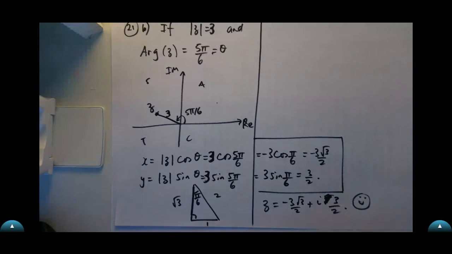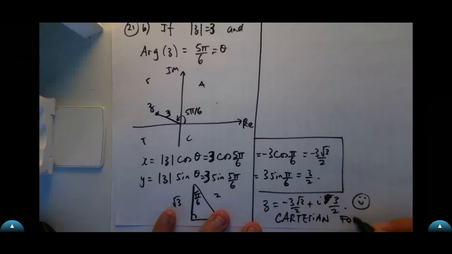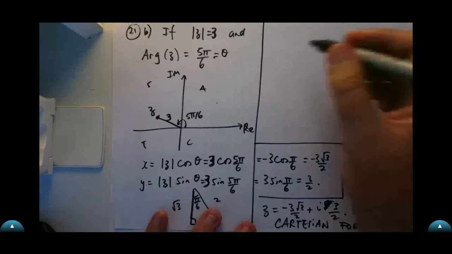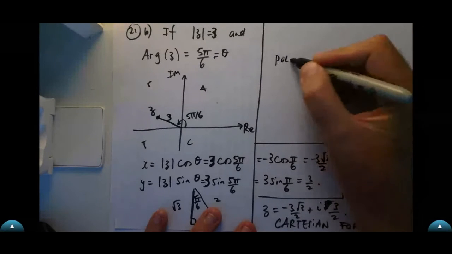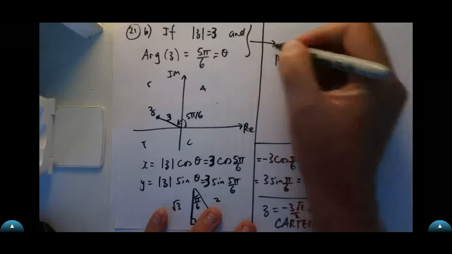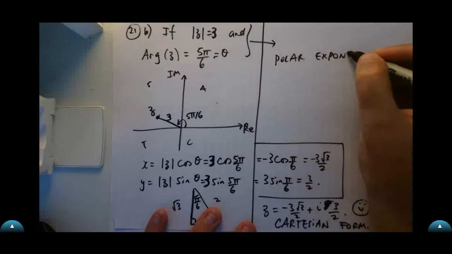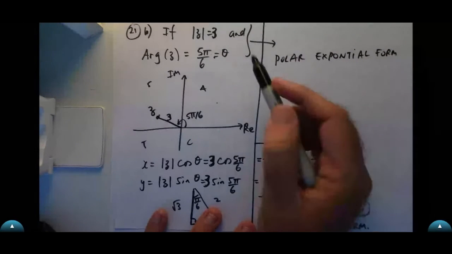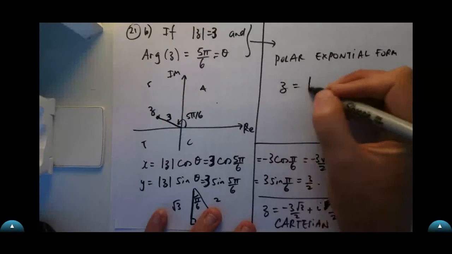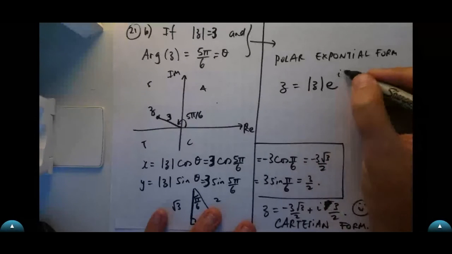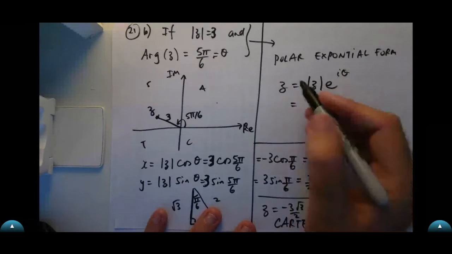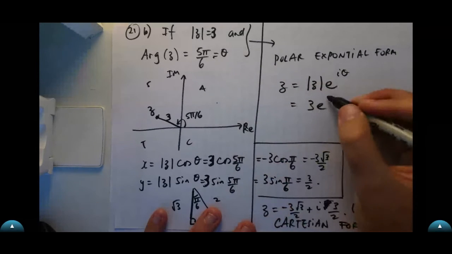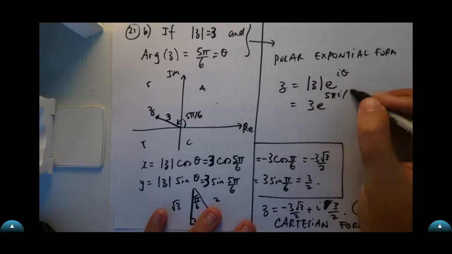Yeah, Aidan, it's a good question. This is the Cartesian form. And if I wanted to write this in polar exponential form, it's going to be 3 times e to the 5 pi i on 6.